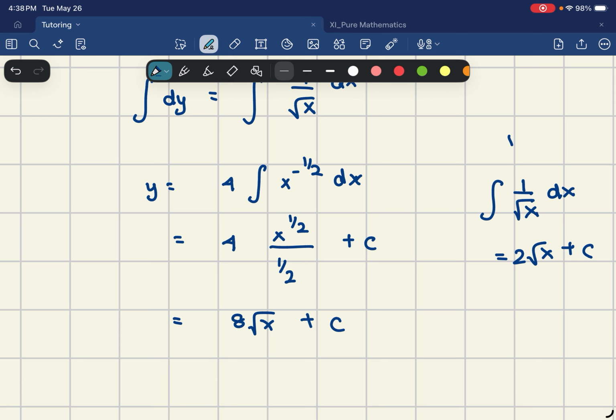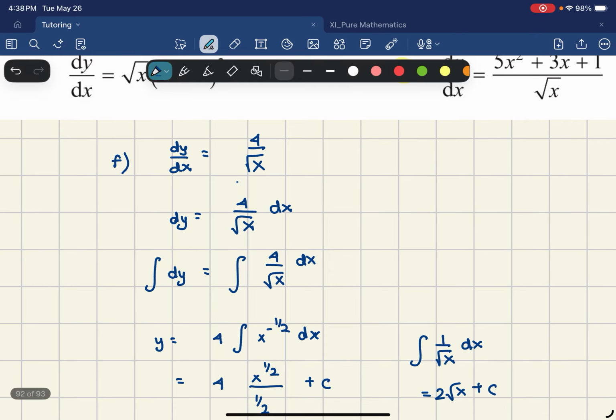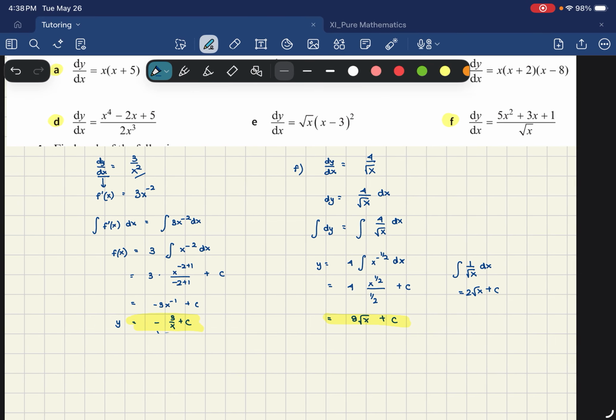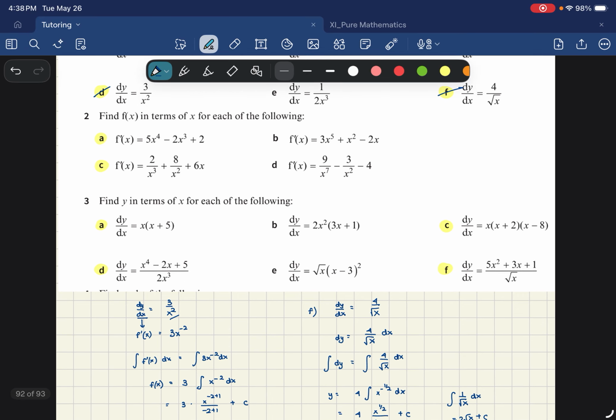So that is something that you can remember. All right. So our final answer is just 8 root x plus c. So that is one way that you might learn how to integrate this function. You can learn it maybe as a very easy separable differential equation, but the idea is the same. So we are done with question 1.